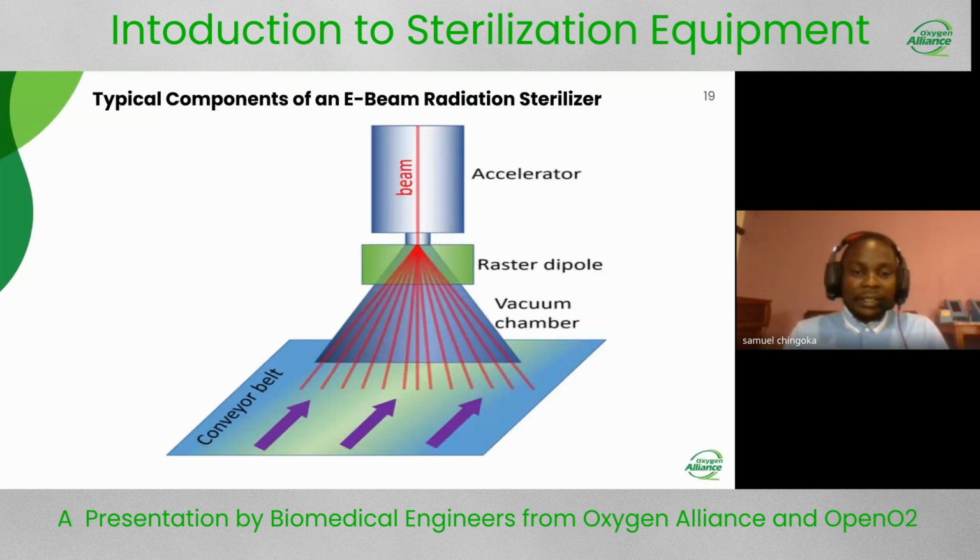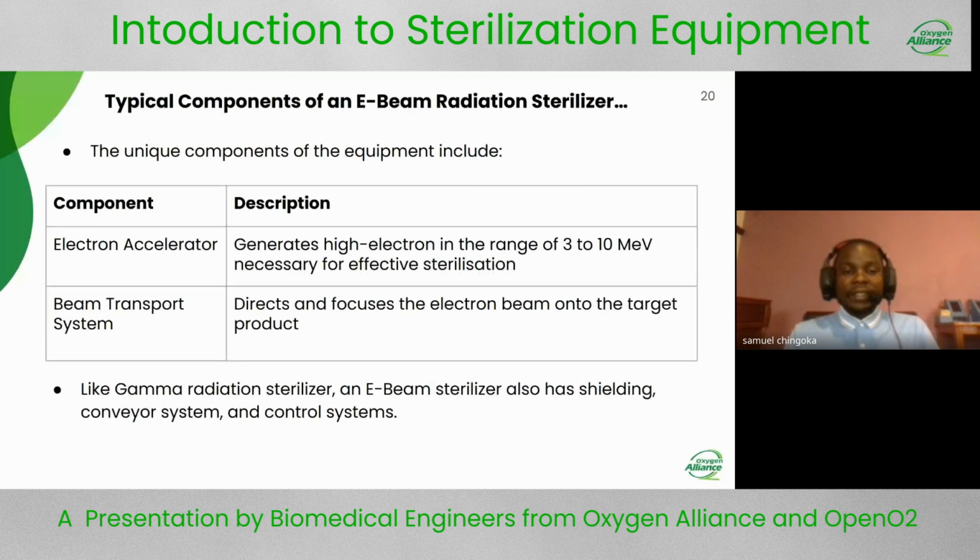It's just an electromagnet which bends this beam so that it creates this high energy electron spectrum, so that when our products are passed, they are sterilized. The conveyor belt just gives us an idea of a large scale, like in a manufacturing setup.